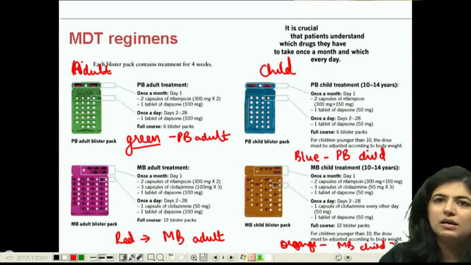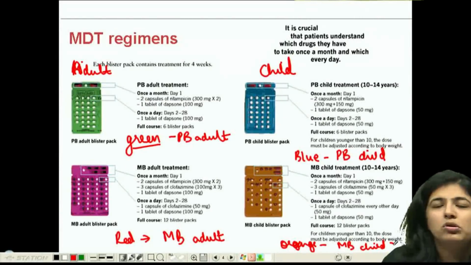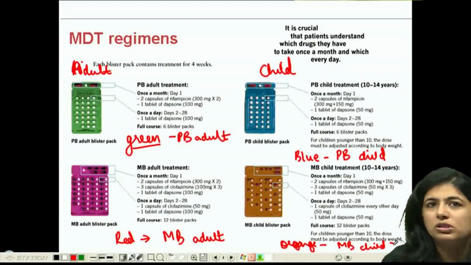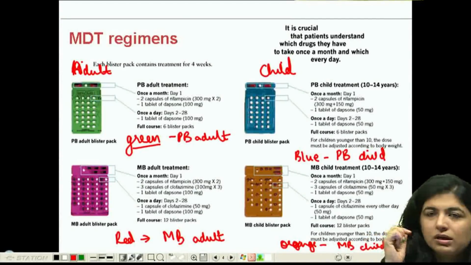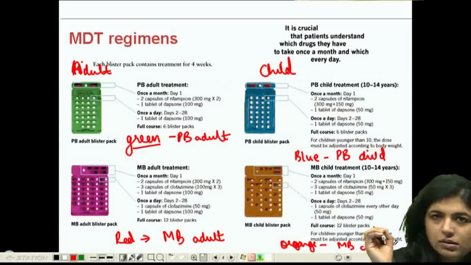So just remember the color of the kits. Okay, remember the color of the kits. That can be asked to you. Important in PSM also, important in pharmacology and dermatology. Everywhere they can ask you this. Green, red, blue, orange. Okay? Clear?